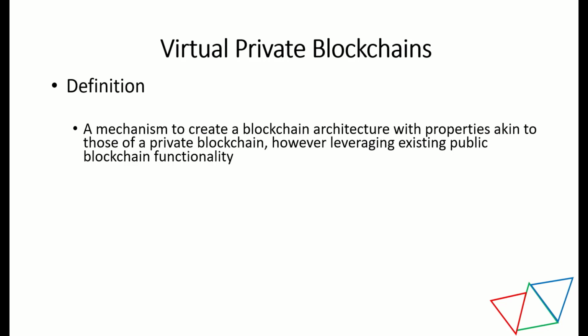To explain further, this has been inspired by previous work on secure overlay architectures, and in general, a blockchain architecture which is known to achieve security goals, typically benefited by private blockchains, is what we have proposed.